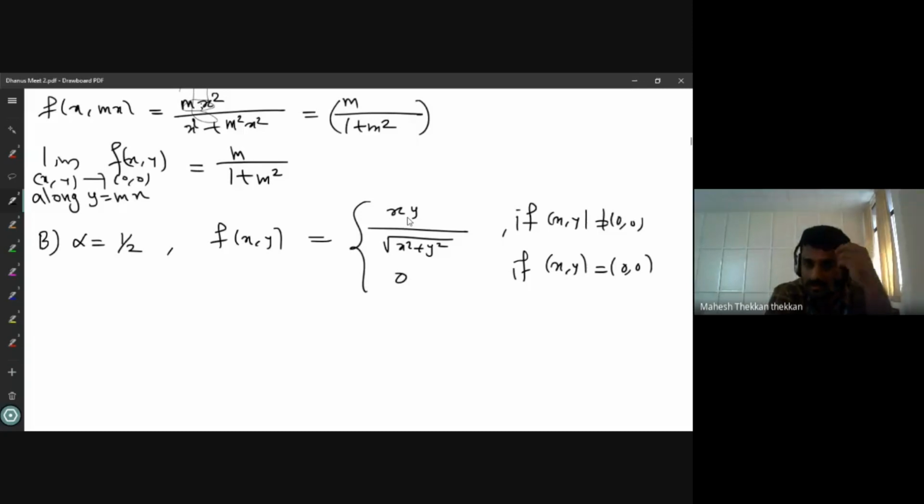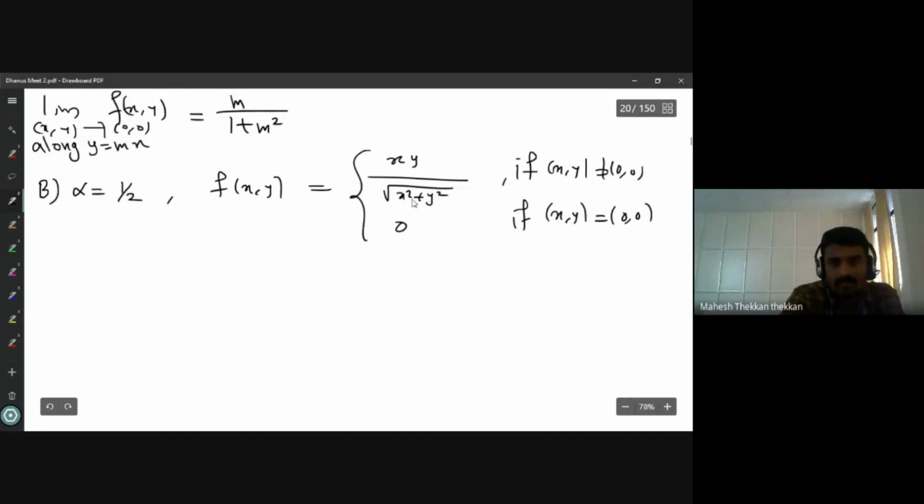How do you get that? By looking at the function, you can understand whether applying the polar coordinate system will work or not. For this one, I will say the limit will exist. To compute the limit, I will look at the polar coordinates. You take x equal to r cos theta and y equal to r sin theta.